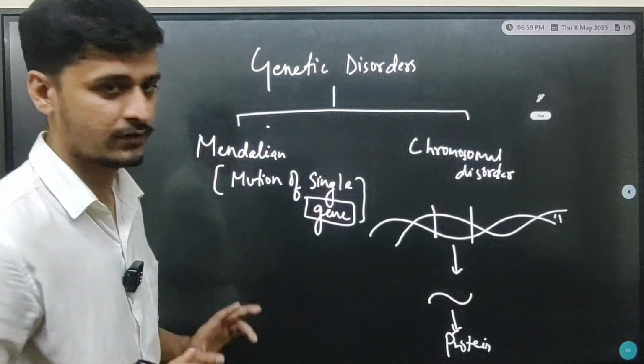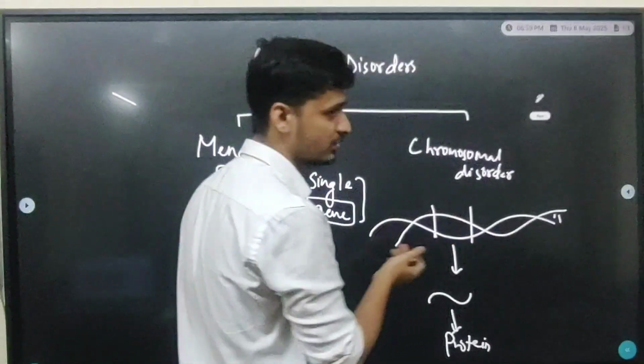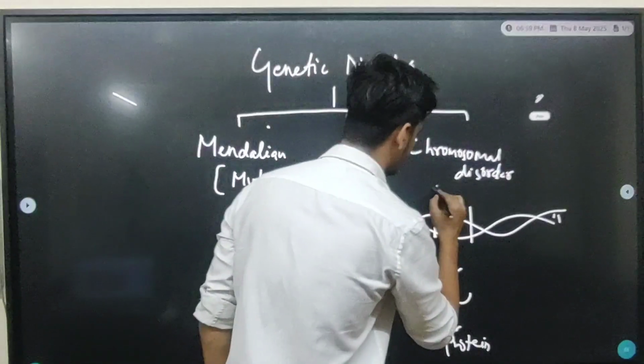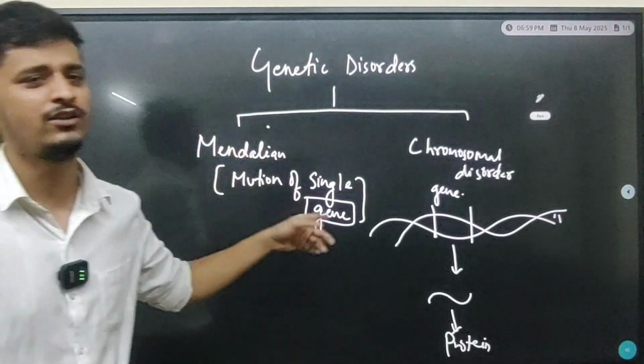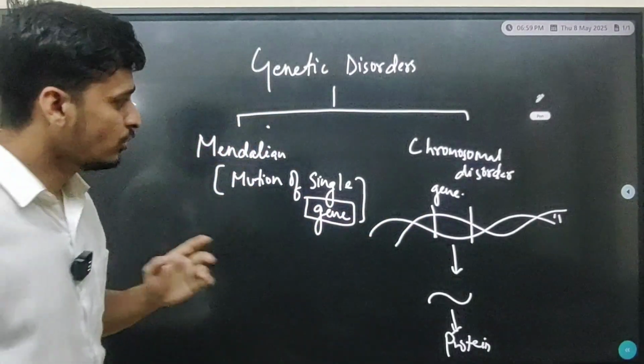That functional segment of DNA is known as a gene. There are millions of genes present in human DNA.